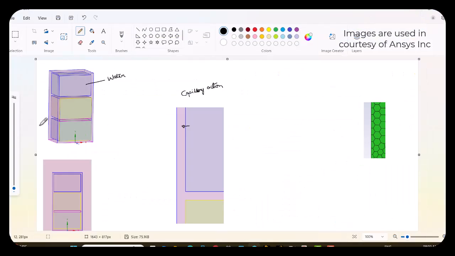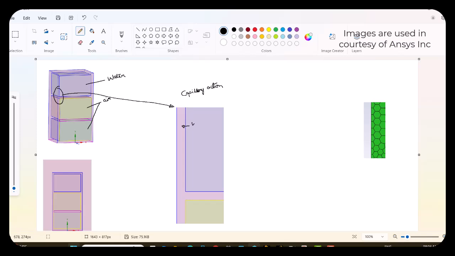So this is the geometric model I have taken for the numerical investigation inside Ansys Fluent. You can see this is the water and these two are the air chambers. This is air, this is also air. So this enlarged view is present here.